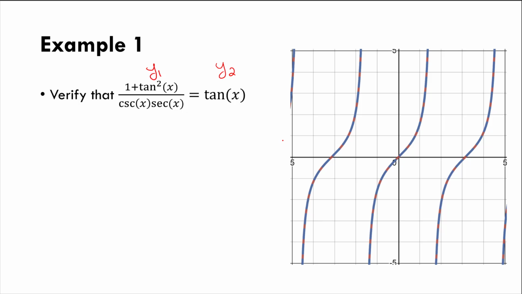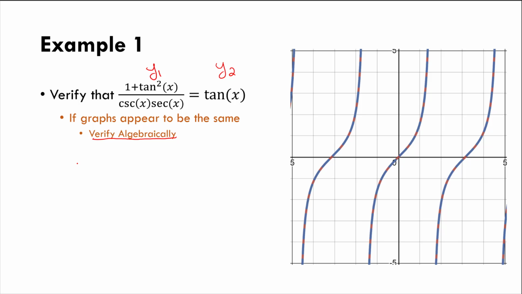I'm using Desmos here, and I've got this dotted blue line, I think, is y2, and then our red line is y1. We can see that they appear to be the same. So if our graphs appear to be the same, now we must verify algebraically. We still need to verify algebraically.